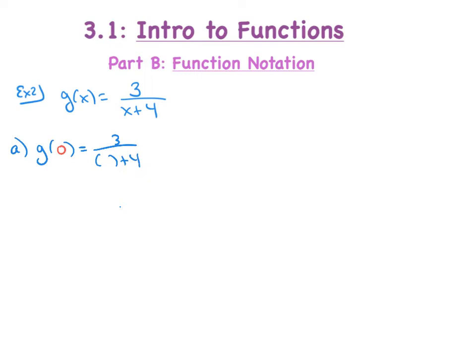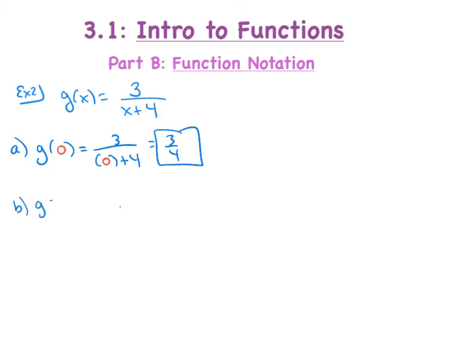So everywhere I see an x, I'm going to replace it with parentheses. So 3 over x plus 4 will be 3 over parentheses plus 4. And then into those parentheses goes the value that's inside the parentheses, g of 0. So 3 over 0 plus 4 is 3/4. Okay.